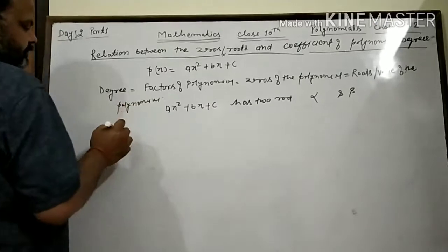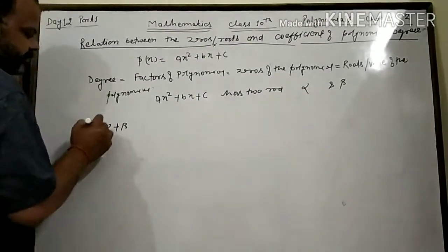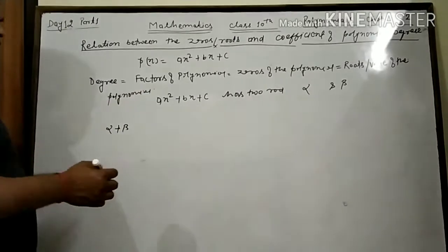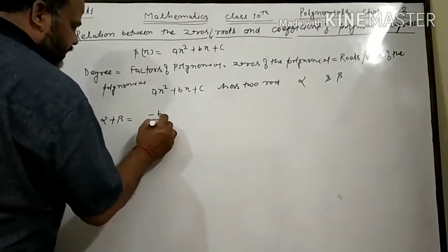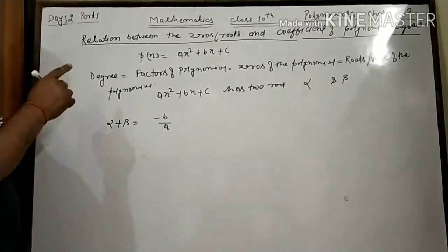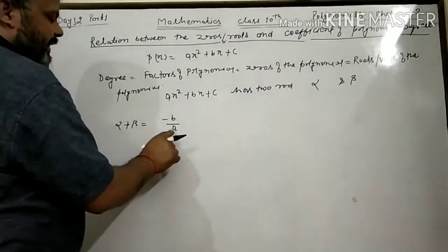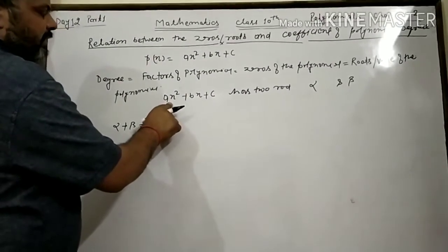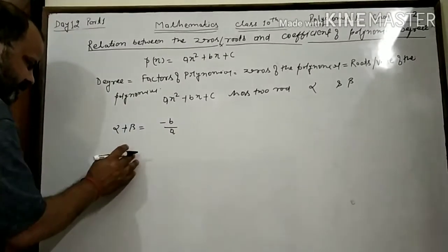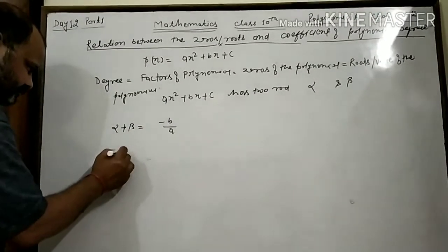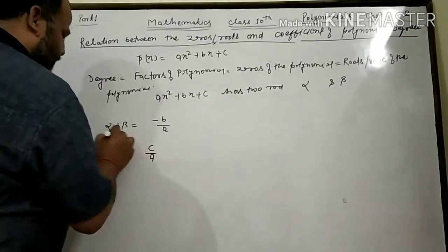Then it has two roots, alpha and beta. Then alpha plus beta is equal to minus b upon a. Here b is the coefficient of x and a is the coefficient of x square. And alpha beta is equal to c upon a.